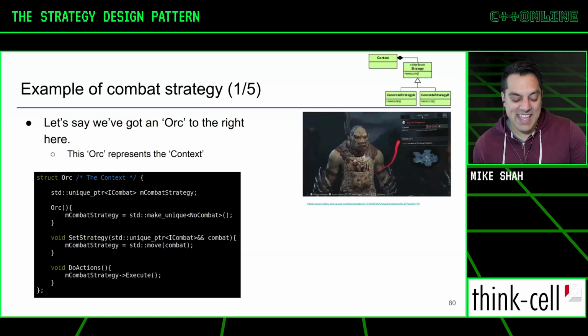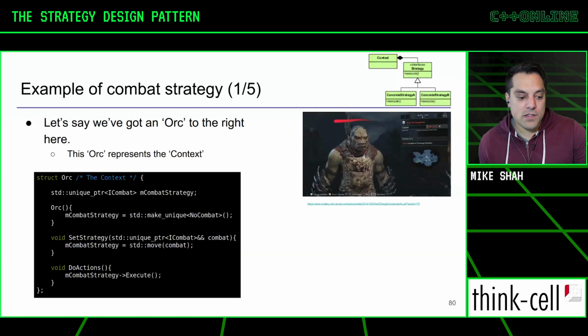Let's say I've got somebody scary like this orc here from Lord of the Rings, for anyone who's a fan. The basic idea is you have this structure for this orc. And what I want to do is be able to assign different orcs, as I instantiate them, different strategies for their combat.